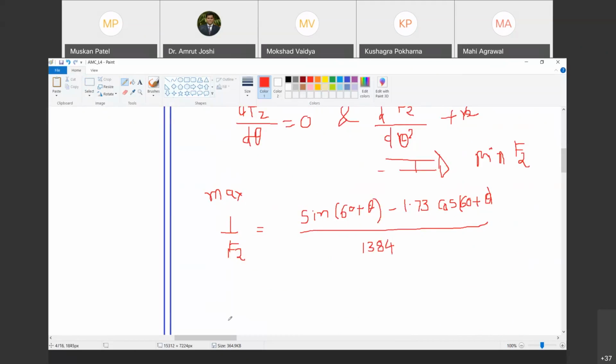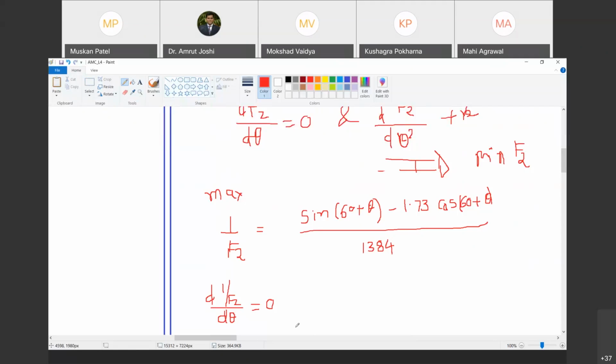And for its maxima, I should equate d of 1 over f2 by d theta to 0. Do you agree with me? Yes, sir. And the second derivative should be negative. That will be automatically taken care of. Don't worry about it. So this is my condition.